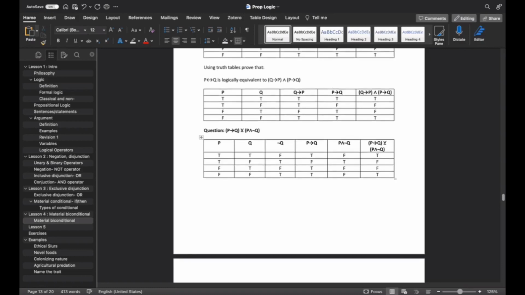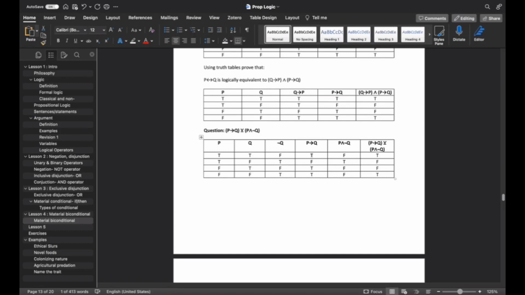Yeah, that was a mistake, because P implies Q is always true when Q is true. That's why it needed to be corrected. And then the two falses is true. When P is true and Q is false, that's a false. And when they're both true, that's a true.